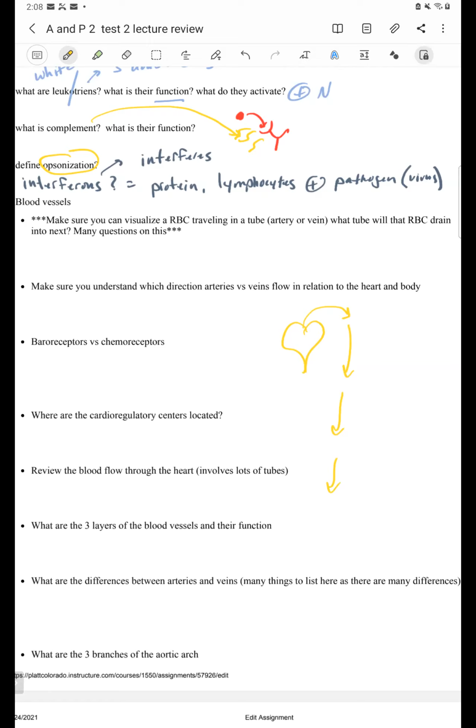So that's what you would spill into next, because those are the tubes that come after the brachial artery. So not necessarily a red blood cell flowing through the heart itself. It's a red blood cell traveling throughout the tubes in your body.